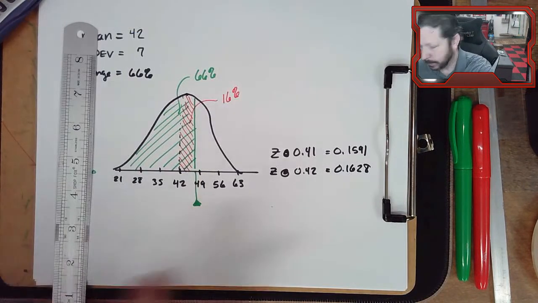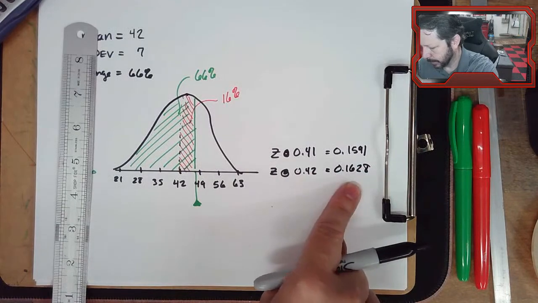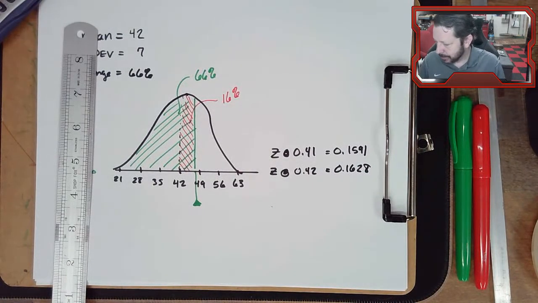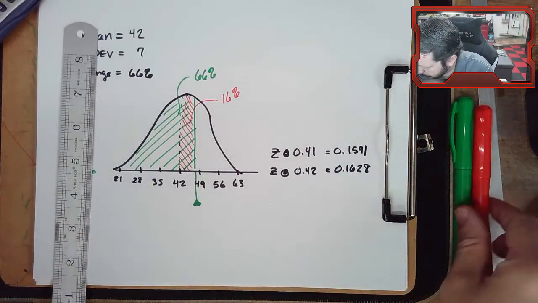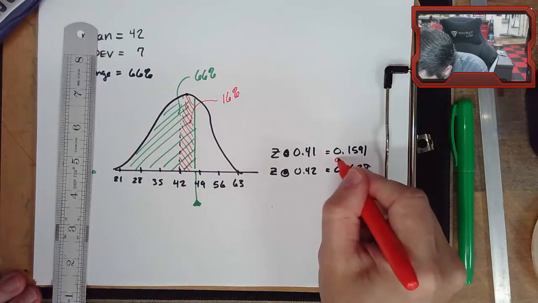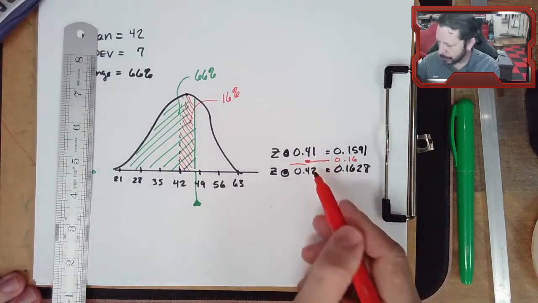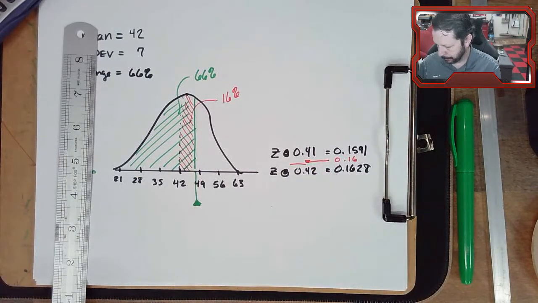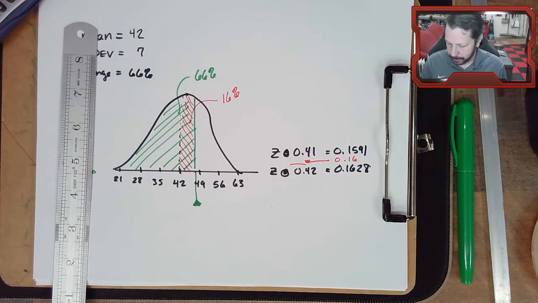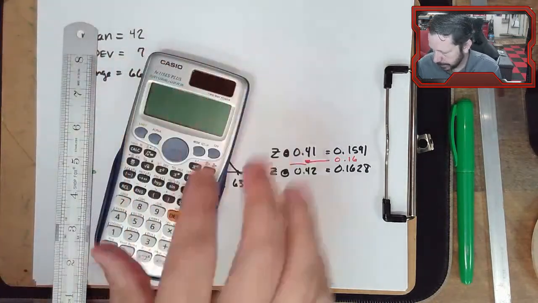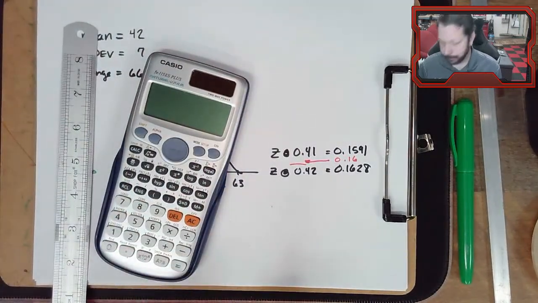Okay, so all I did is I just wrote down those so I can get to them in a second. So I need to interpolate because I want a value of 0.16 and I want to know what z goes there. So it's somewhere between 0.41 and 0.42, but I don't know exactly where. So we'll use our calculator and we'll interpolate between the two.